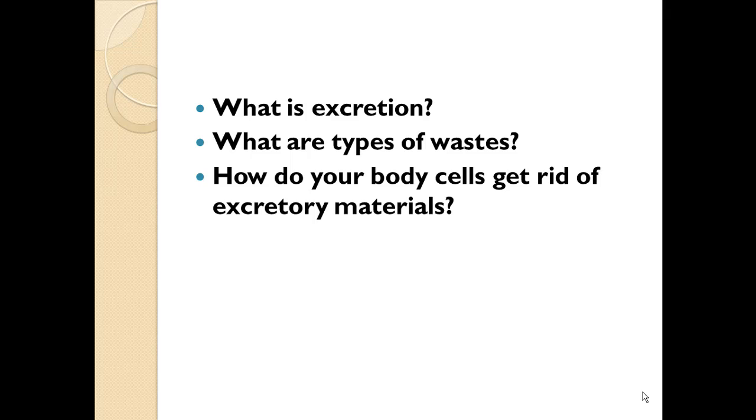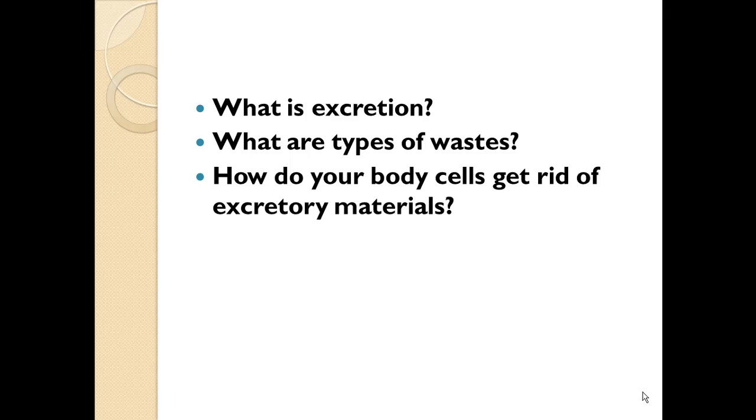We have solid waste, which is undigested food, and excretory material, which is the waste material. The waste material is, again, excess salt, excess water, carbon dioxide and water vapor, and nitrogenous waste such as urea and uric acid. How do your body cells get rid of the excretory material?